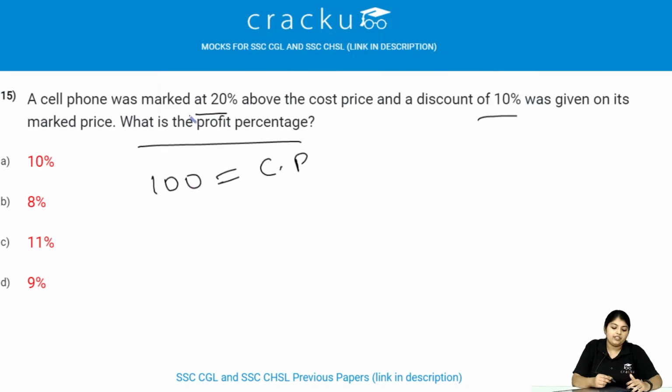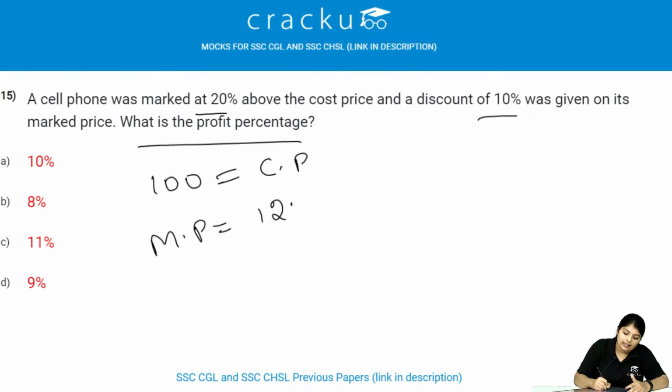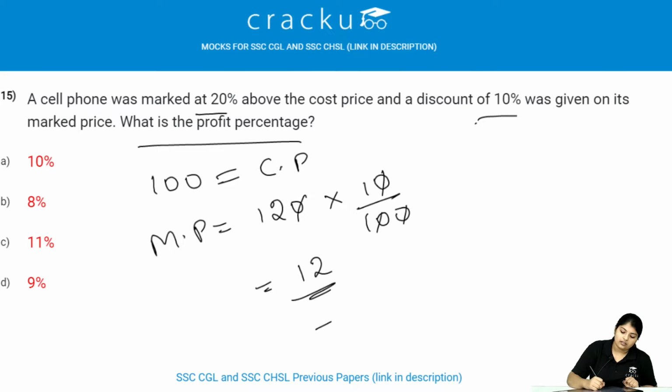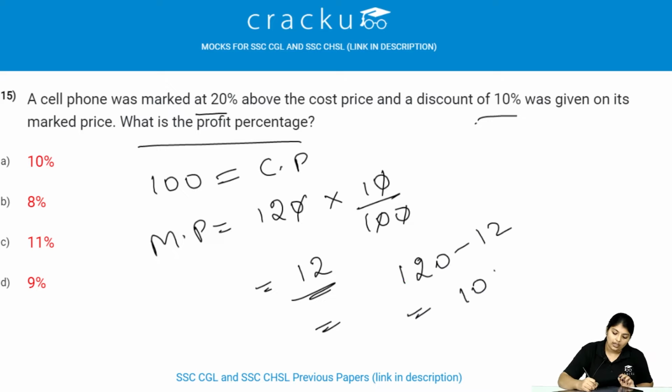It is given that it was marked at 20% above the cost price, so marked price will be 120. And discount of 10% was given on its marked price. So discount of 10% is 120 into 10 by 100, which gives you 12. Therefore after the discount, the value is 120 minus 12, which is 108.